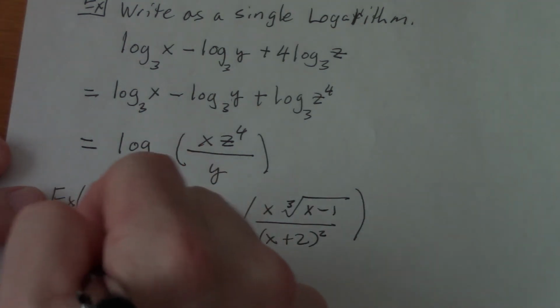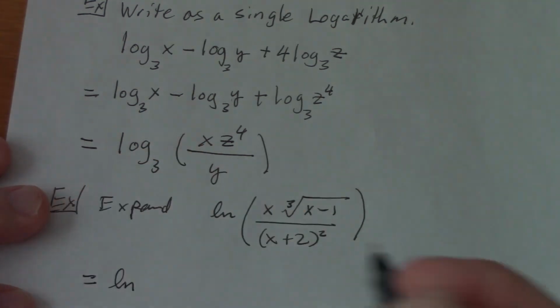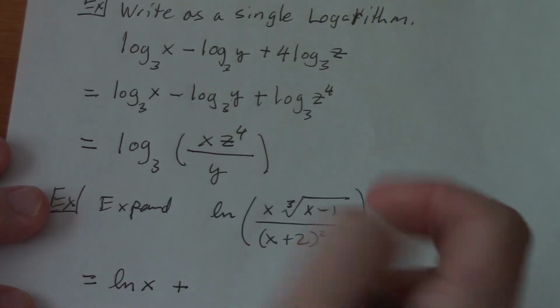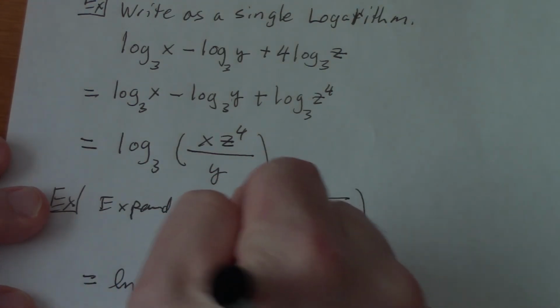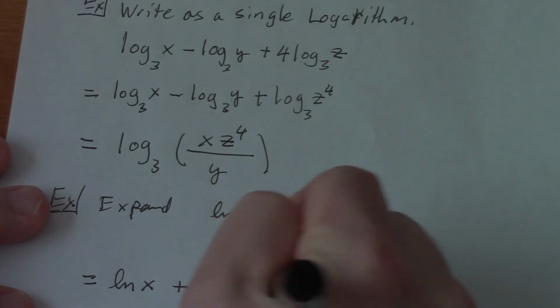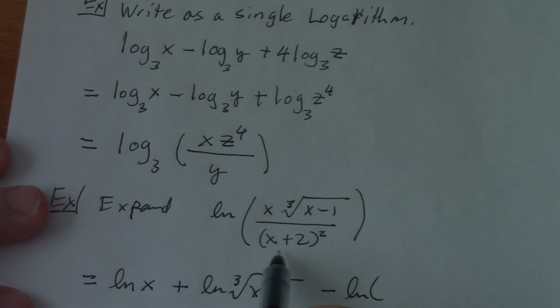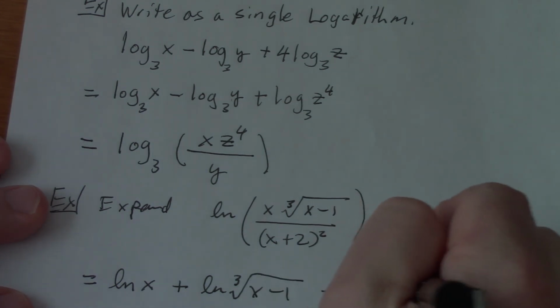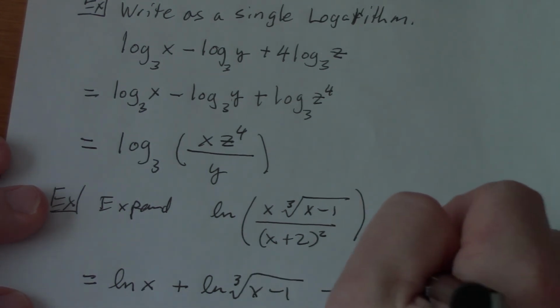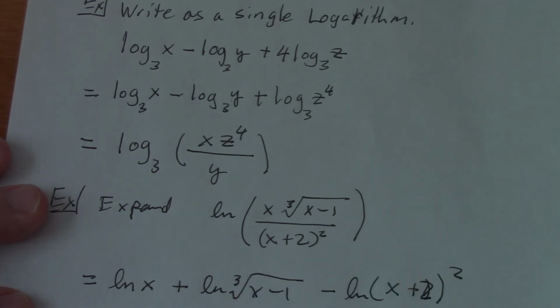So this is natural log of x plus the natural log of the cube root of x minus 1, minus, because that one's in the denominator, the natural log of x plus 2 squared.